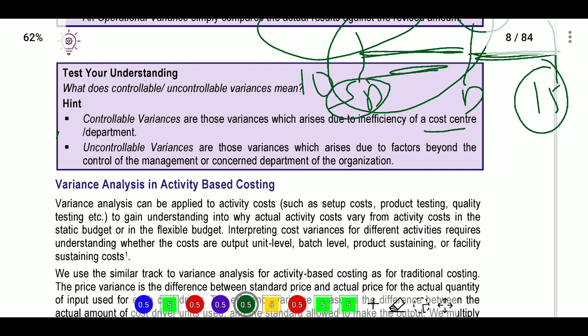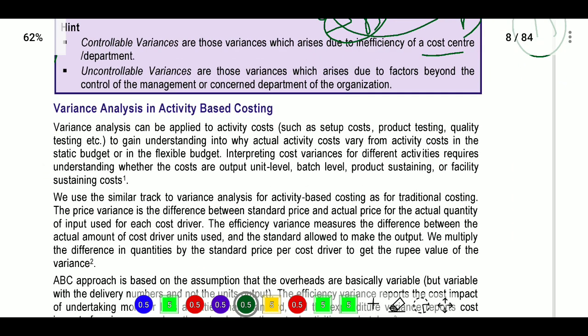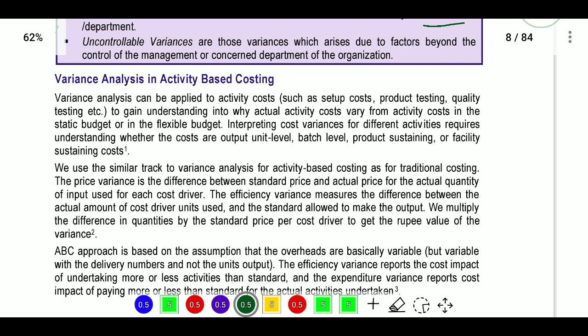Next, variance analysis in activity based costing. Variance analysis can be applied on activity costs, such as setup cost, product testing or quality testing, to gain insight into why actual cost is different from the static budget or flexible budget.